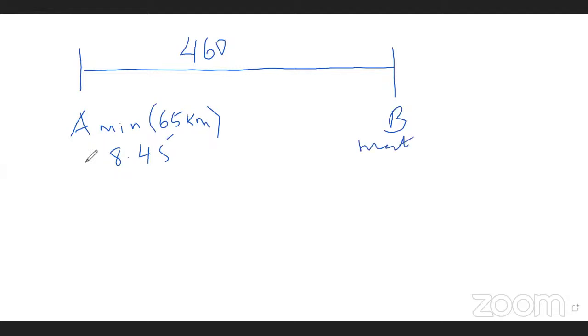Matatu is leaving at 10:55. The speed for the matatu is 80 kilometers per hour. I believe our summary has everything that the question gave us. Anything that we've omitted? If there is nothing that we've omitted, now we go to what the question wants.